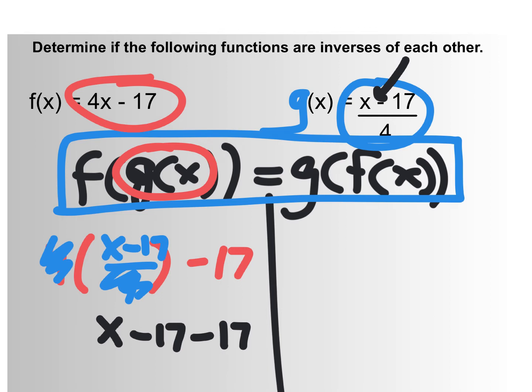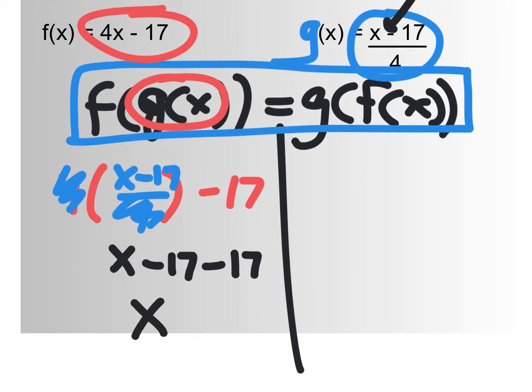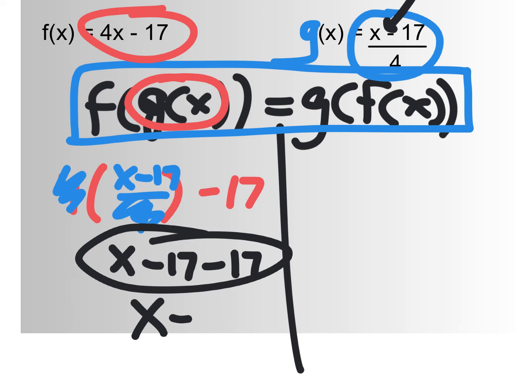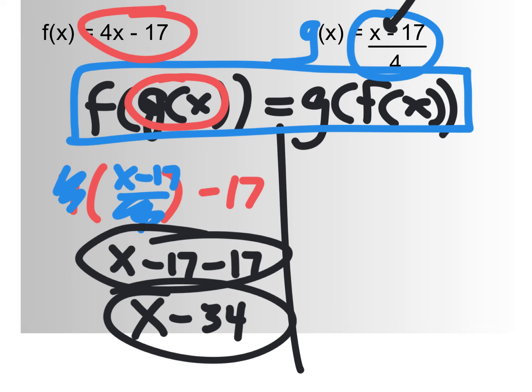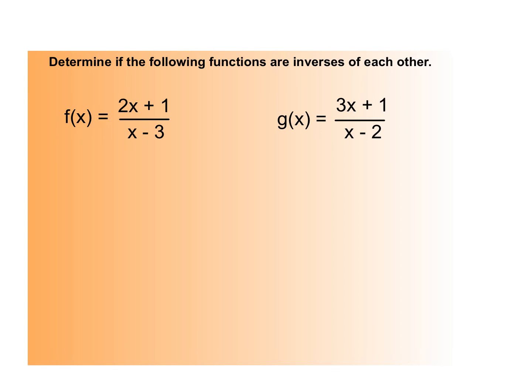But there wasn't, so therefore it doesn't cancel. So your answer is x minus, I would have accepted this, or if you simplified it, x minus 34. Either one of those. That's proof that you knew what you were doing and that these are not inverses. Because that should have simplified to x if they were really inverses. Next two, I promise, will simplify.